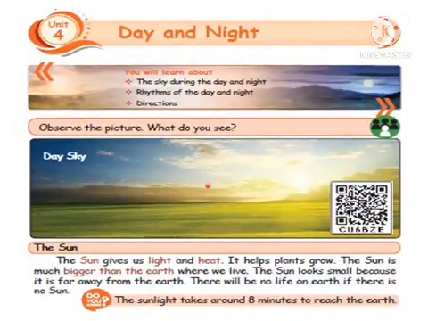See the picture. Observe the picture. What do you see? Look at the given picture and we are going to see about the view of the sky, which is visible during the day in them. Let us watch the video.